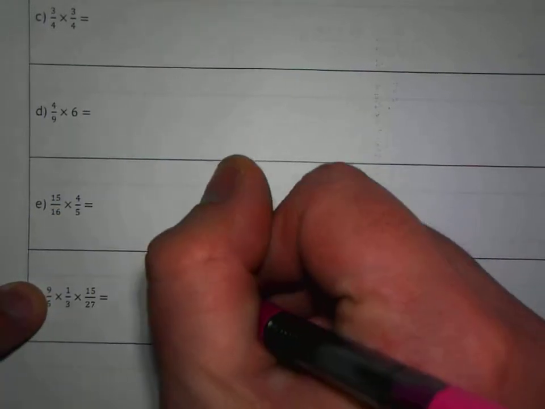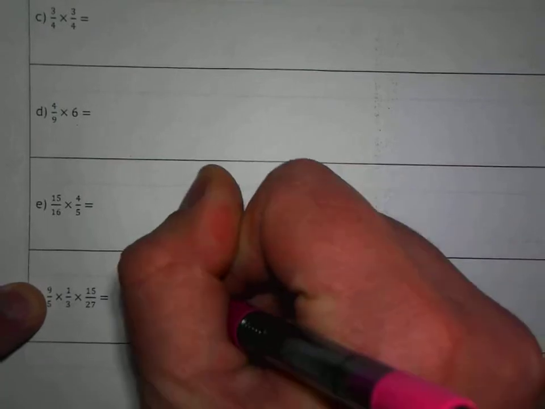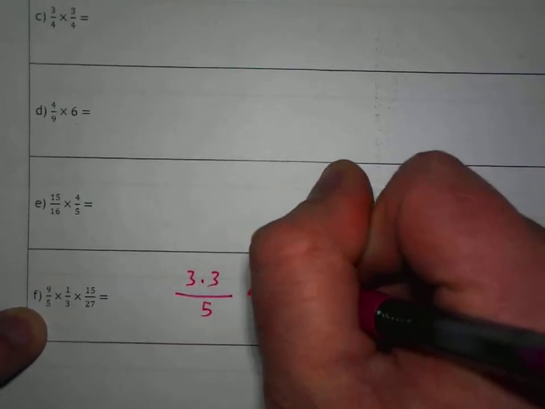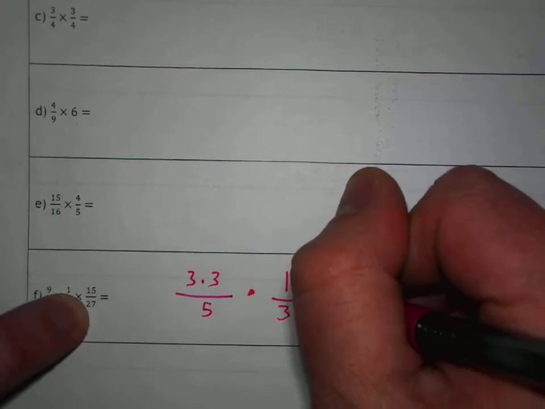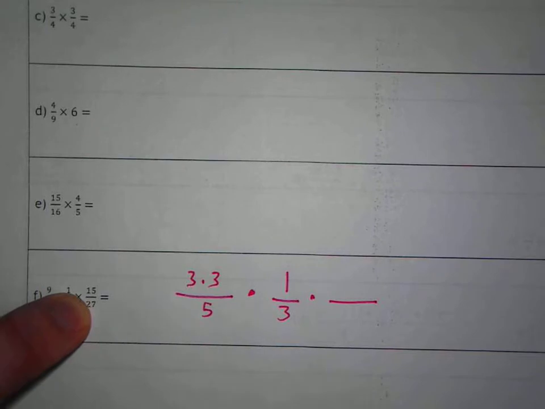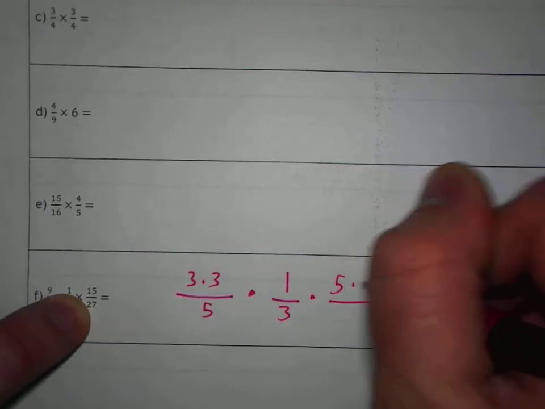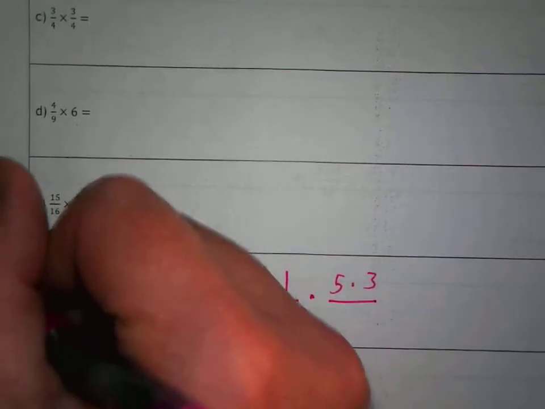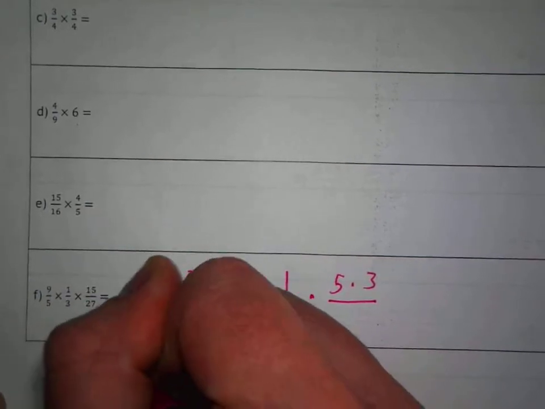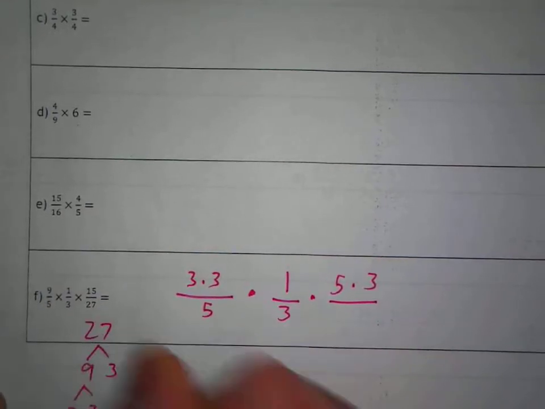So probably in this one, I'm going to break it down into factors, okay? So like 9 is 3 times 3. And 5 would just be 5. And 15 is what, 5 times 3? And 27, I probably need to do a tree for that one. Let's see, 27 is 9 times 3, and that's 3 times 3, right?